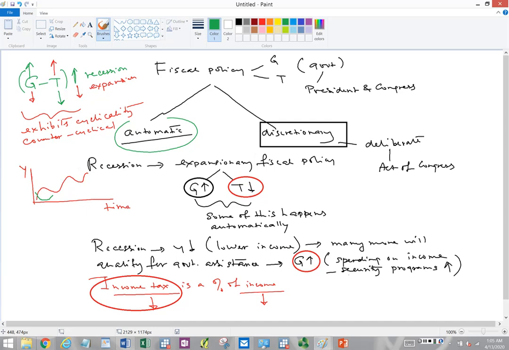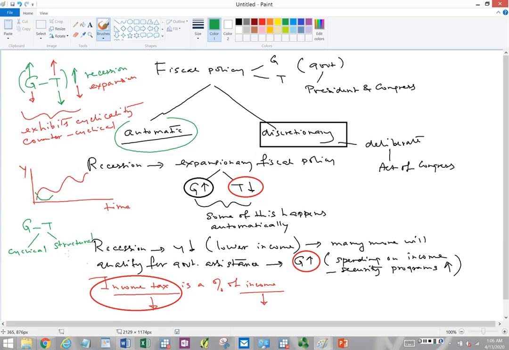Right? Now, just as we have a cyclical part of the budget deficit, G minus T has a cyclical component, there is also a structural component, and this is the part that would be observed even when the economy is booming. Right?